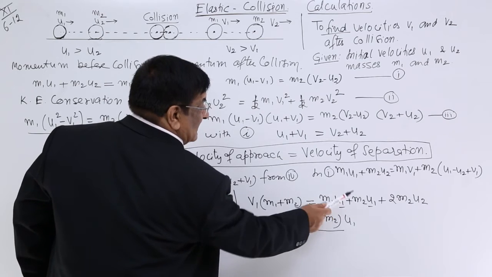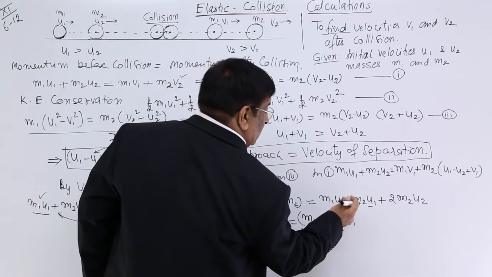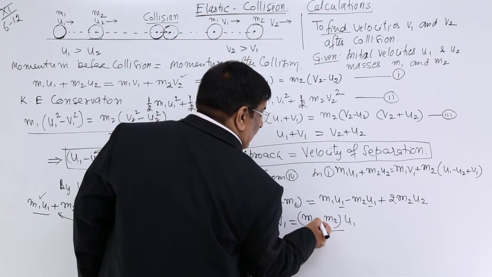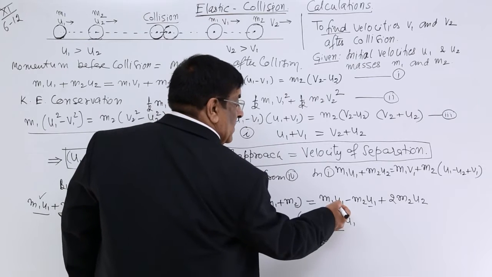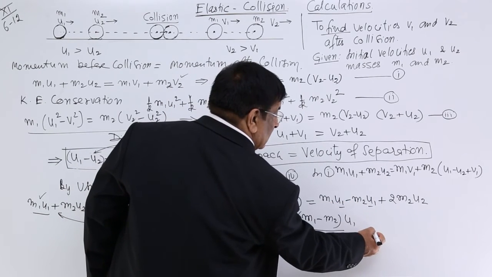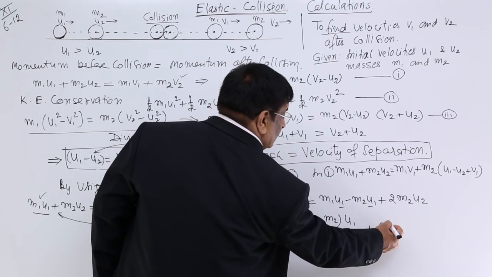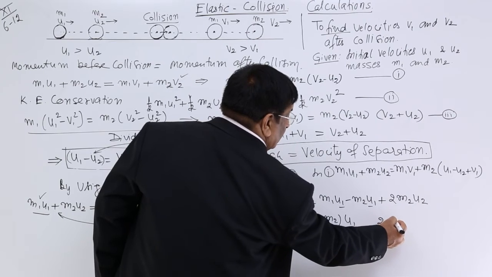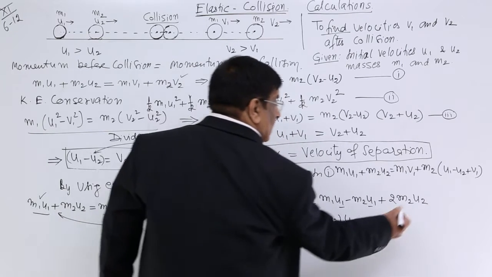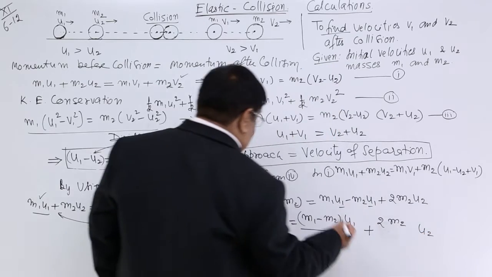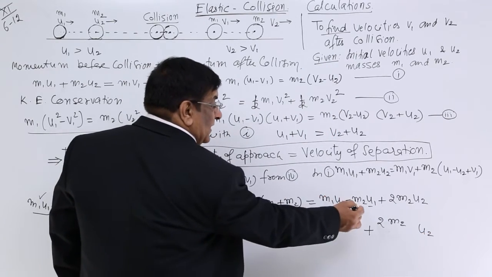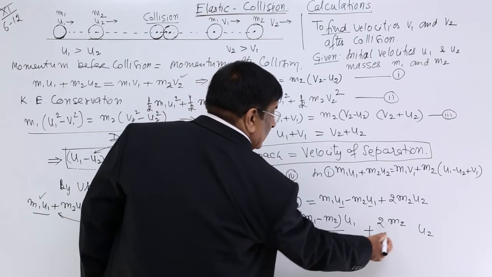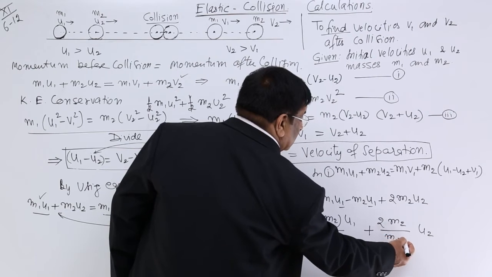So when we take out u1 common, this will be m1 minus m2 u1 plus 2 m2 into u2. Now this m1 plus m2 will go here as denominator, m1 plus m2. Here also m1 plus m2.